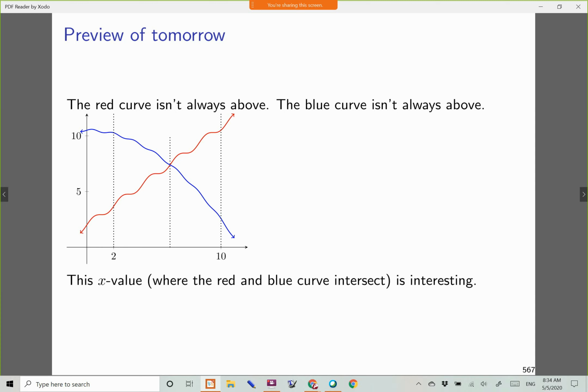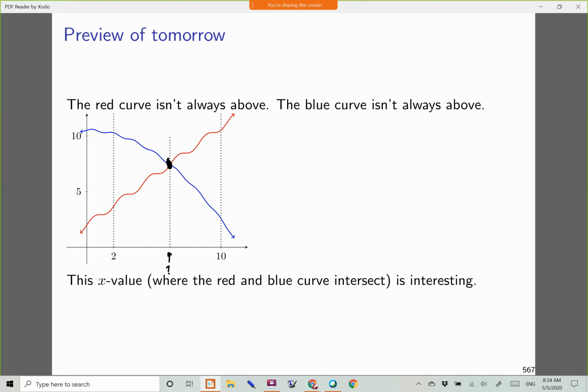But that's easy enough to fix, right? So what you do is you say, well, this x value right here, right where that intersection occurs, that's interesting. If we just find that, then we can set up two separate integrals. So that's the big deal tomorrow. The graphing side of things may be a little more challenging tomorrow, but finding this x value, right?